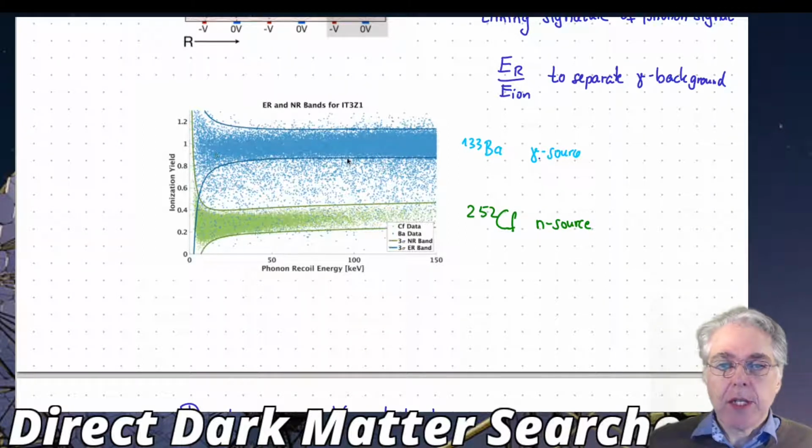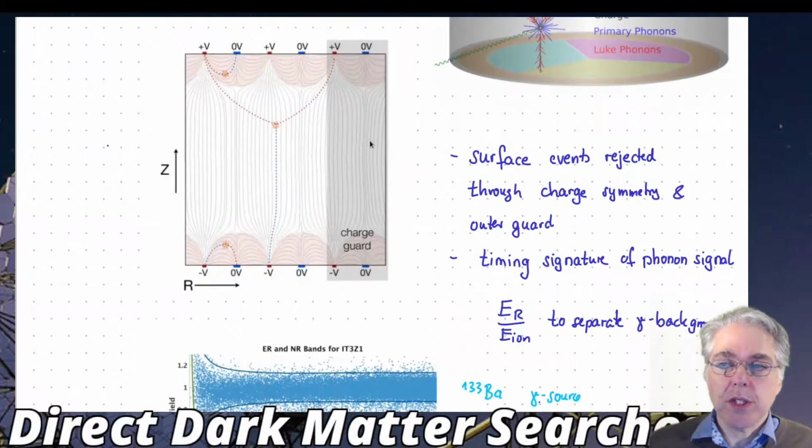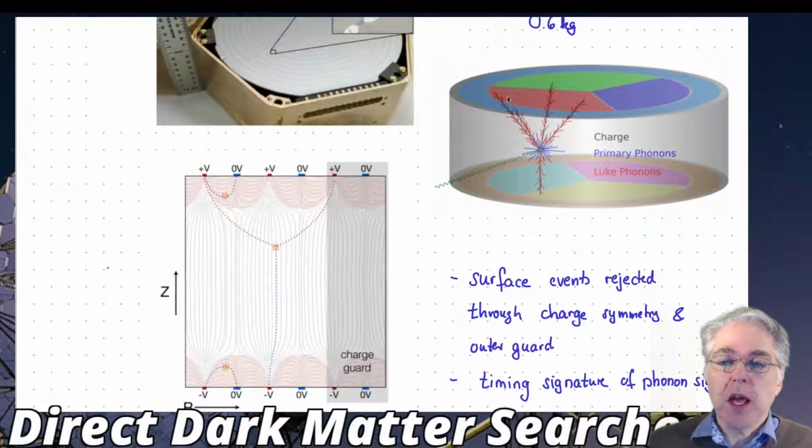So the detector is exposed to a gamma source, 133 barium. And this leads to the blue events, which you see populate mainly the part of this plane where the ionization yield is large. And also the phonon recoil energy is quite large, because there are also phonons produced. As you see here, there are some phonons even produced when the charges are traveling to the electrodes.